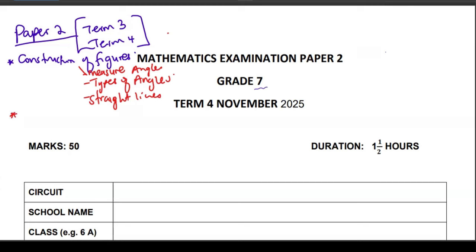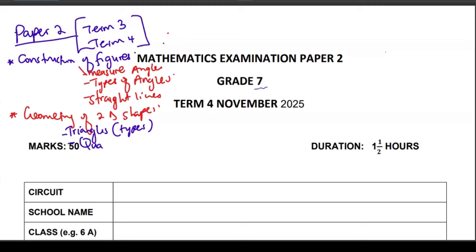Then topic number 2, we have the geometry of 2D shapes. Under here we look at the properties of different shapes. You might have looked at triangles, the different types, as in how we classify triangles based on the sides and based on the angles.